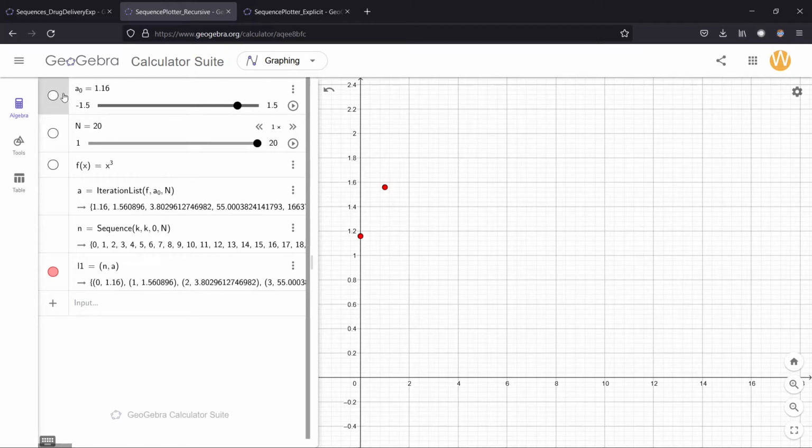You see, if I start with a naught any number greater than 1, even very, very close to 1. So if I come down to 1.01, which is pretty close to 1, you see that very quickly this sequence starts to diverge away from this point. The first couple points are relatively close to 1, but by the first 5 terms of the sequence, we're starting to diverge very, very quickly away from 1.